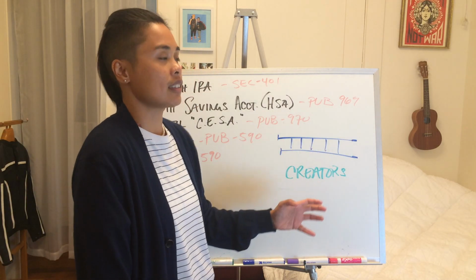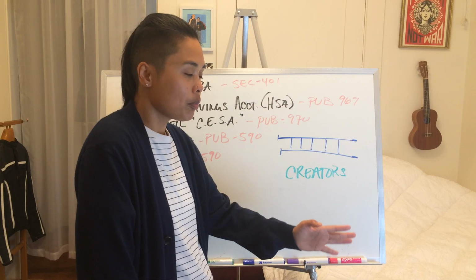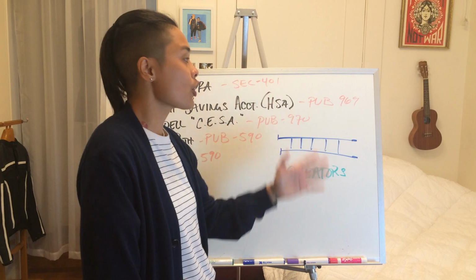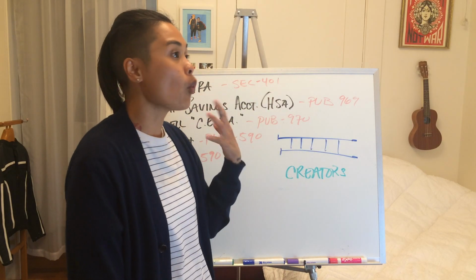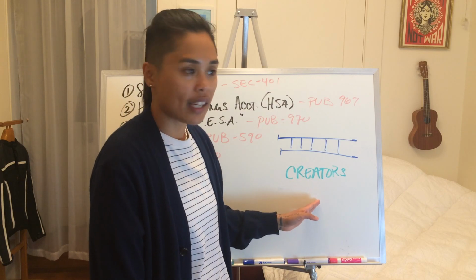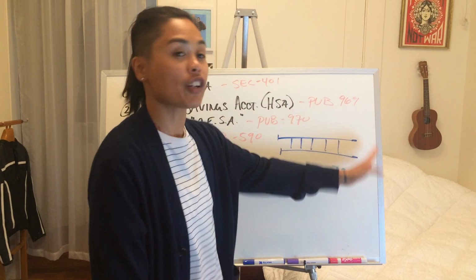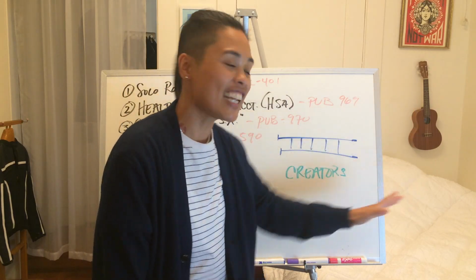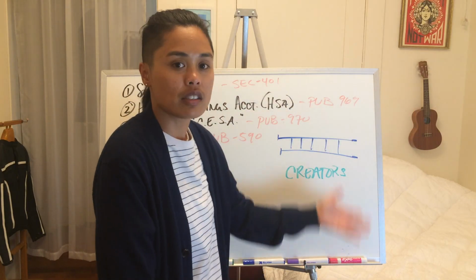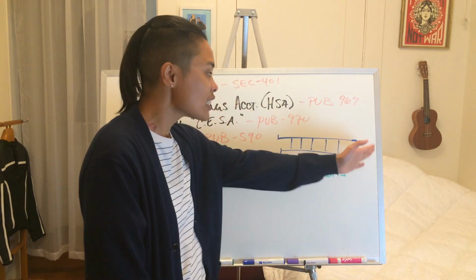Imagine if you were all in as a creator, and you just wanted to bring something into existence in this world. You can do that here. Imagine Disneyland, that creator all the way up here, right? You're like, I want to create the happiest place on earth. That's what they get to do.